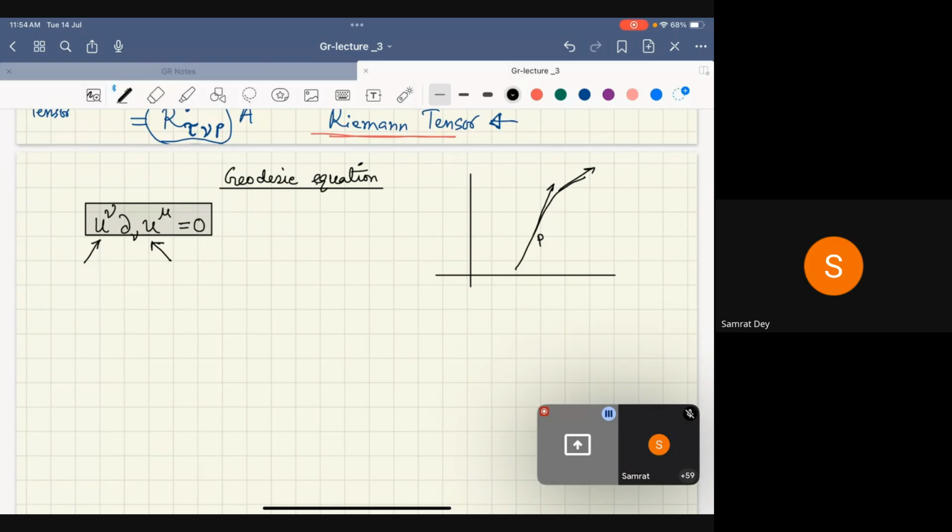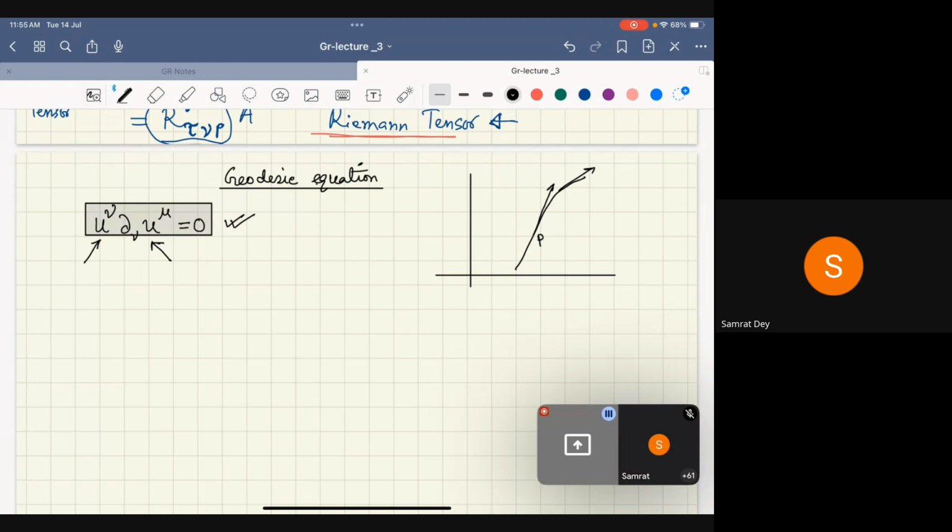In the case of a straight line, if you try to draw the tangent to a straight line, that tangent does not change, it just moves ahead. So in special relativity, we knew how a tangent vector changes along the curve to which it is tangent. Therefore, we asked the question: fine, this is the trajectory of a free particle in flat space-time, but does this actually go through if my space-time is curved?